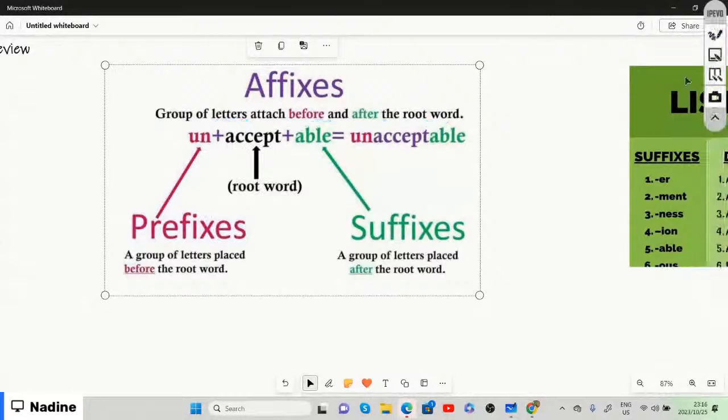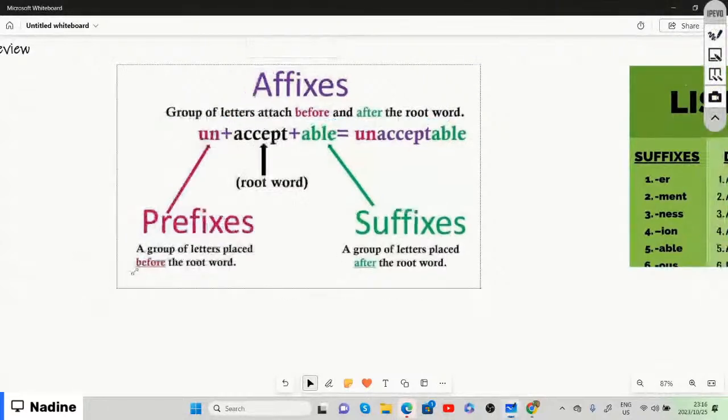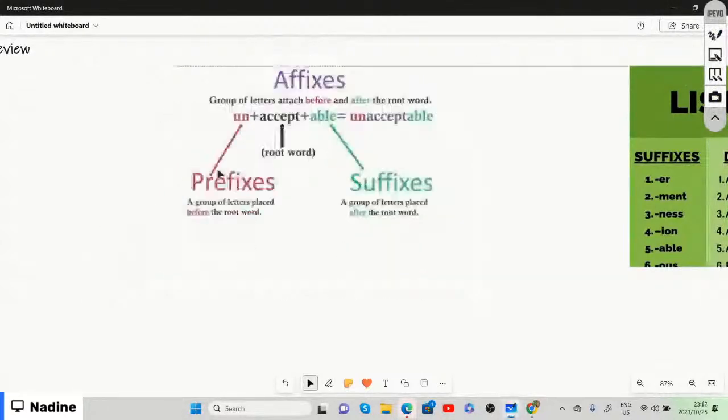And if we specifically look at the word accept, accept is the root word, and the root word, like we said, is a word that can stand on its own.